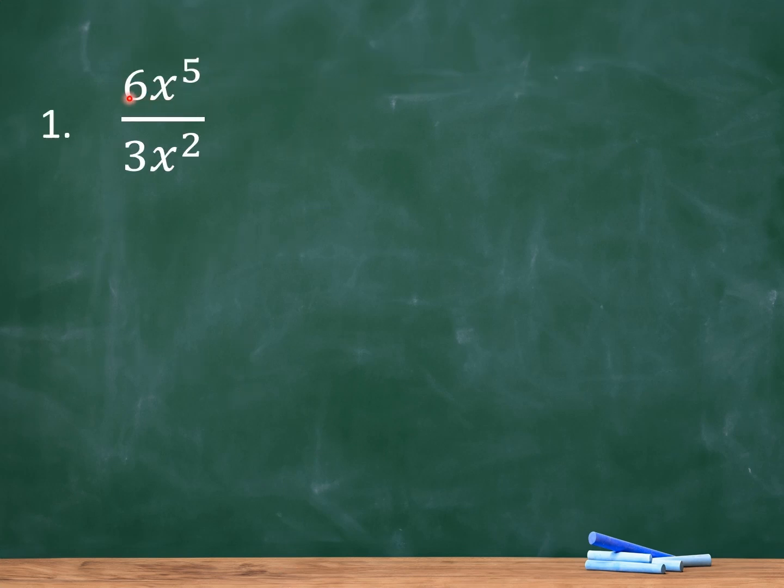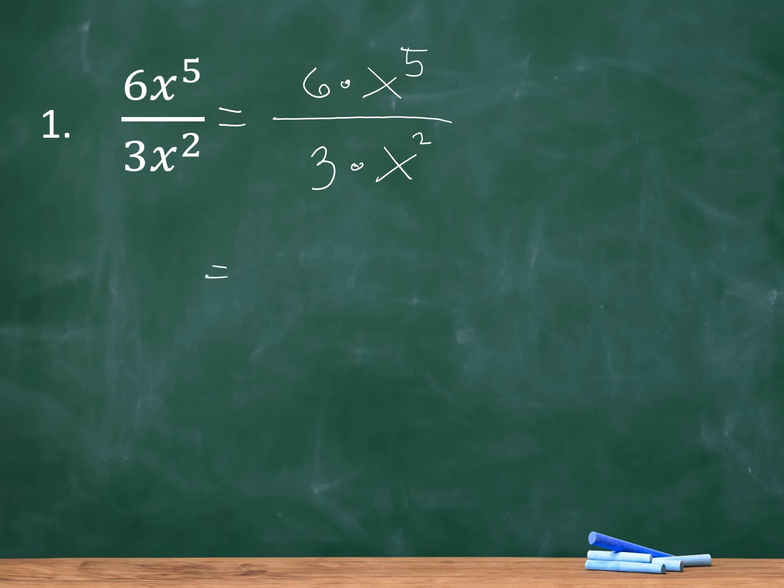Example number 1. 6x to the power of 5 is divided by 3x squared. To divide this, you can think of the numerator as 6 times x to the power of 5, and the denominator as 3 times x squared.